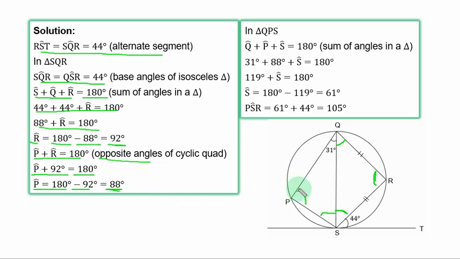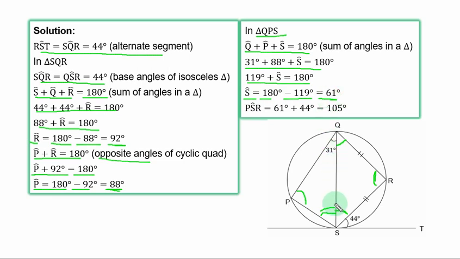Now that we know this angle, we can get this angle by looking at triangle QPS. The sum of the three angles is equal to 180 degrees. You replace angle Q and P with what they stand for, and you have this result. Therefore, angle S is equal to 180 degrees minus 119 degrees, and that is 61 degrees.